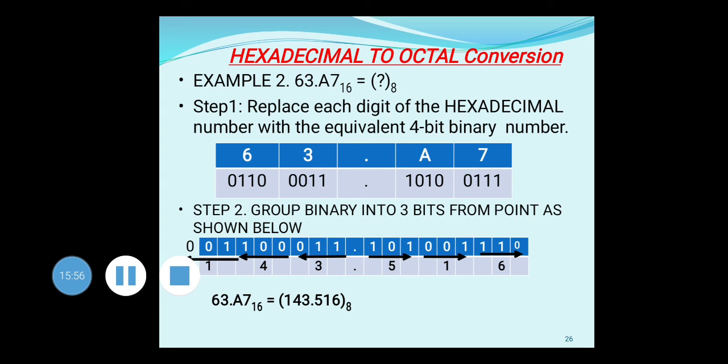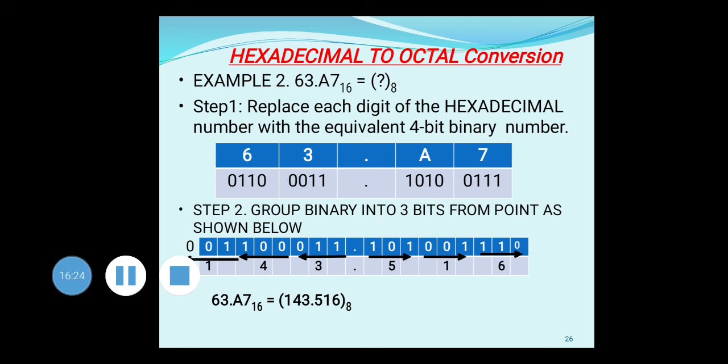When you start grouping 3 bits, you will find in the last only 2 bits are remaining, that is 01. So 10 is added at the end here, and in the fractional part also lastly only 1 bit is there, and 2 bits are missing, so 00 is added here, and then represent each 3-bit binary with its equivalent number.